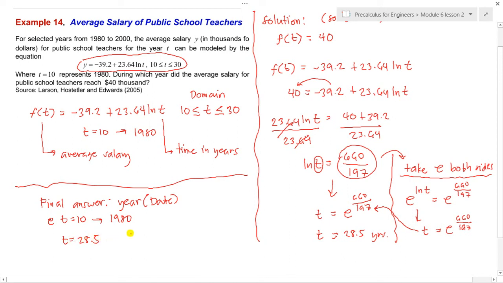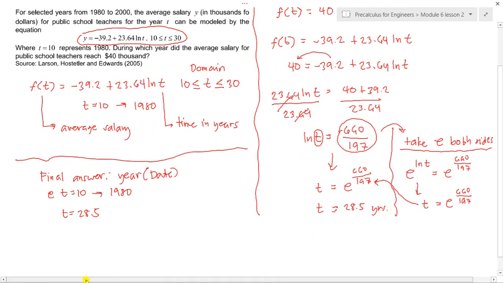You said that the average salary is 40,000, so we take it that it starts at 28. Therefore, we can say, what is the change in time here? 28.5 minus 10 is 18.5.